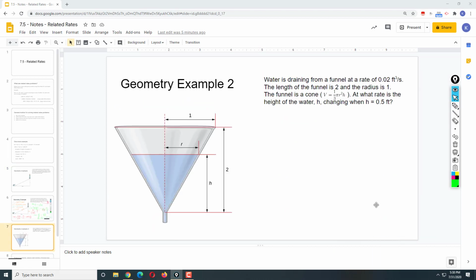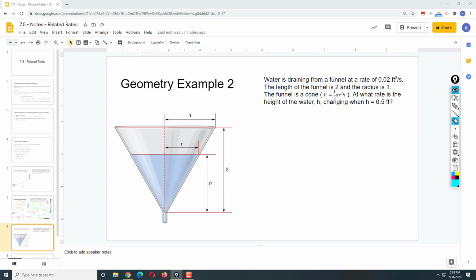Example 2. Here we have a funnel. Water is draining from the funnel at a rate of 0.02 cubic feet per second. The length of the funnel is 2 and the radius is 1.